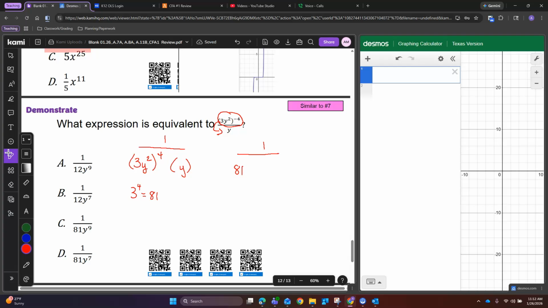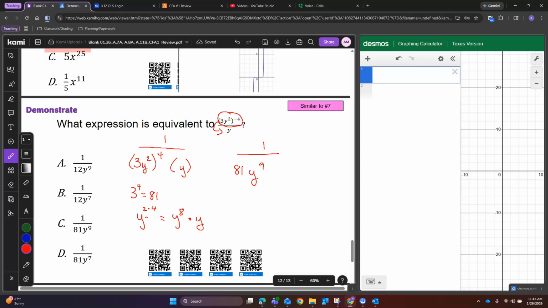So that's 3 times 3 times 3 times 3. Y squared to the 4th. Remember, when we have an exponent raised to another exponent, we multiply them. So that's y to the 8th. And then we're going to multiply in another y, so that's y to the 9th.